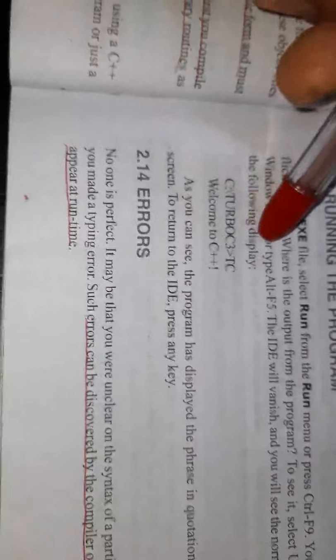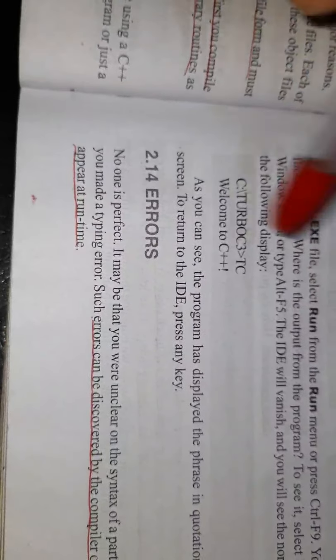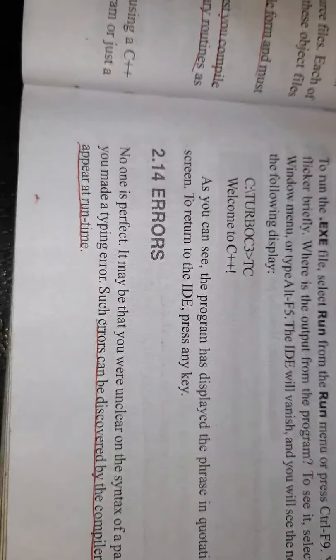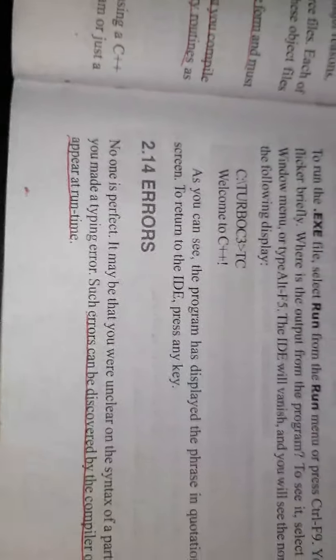So these errors are generated by humans. The computer will not make mistakes, except maybe if there's a hardware failure. But in terms of errors, these are human born errors. So you have different types of errors based on that.